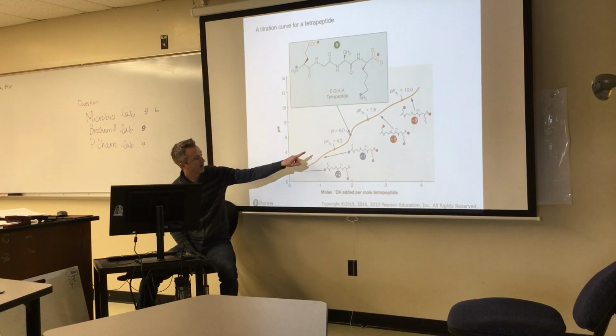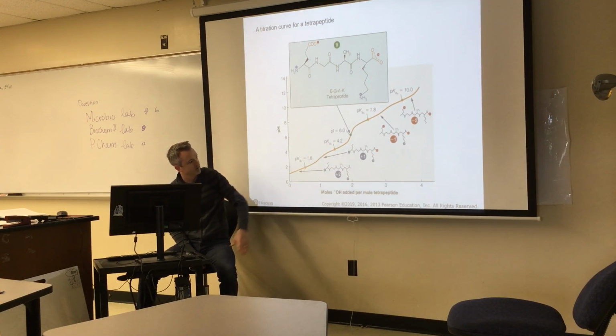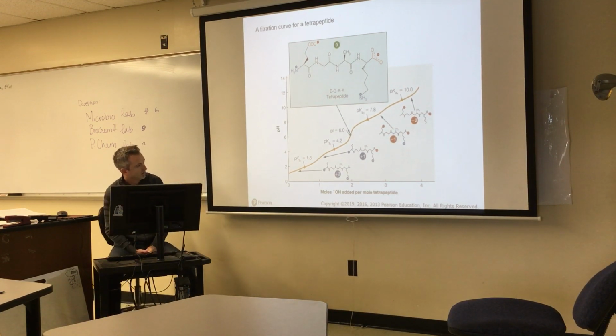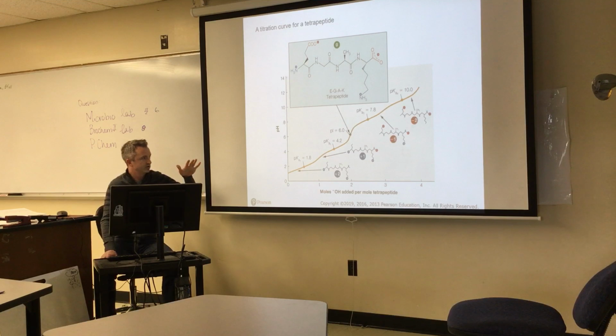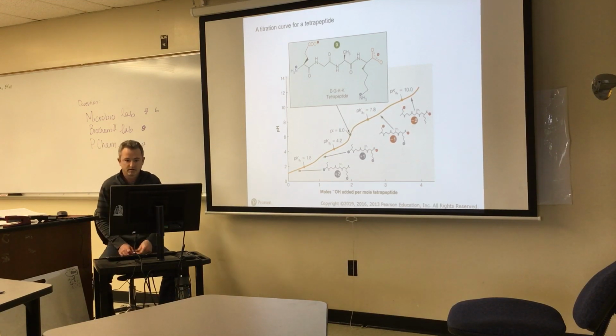As we make our way closer and closer to the isoelectric point, you can see that you end up with a +1 charge, and then we keep moving on up until we get to the -1 and the -2 charge. Again, being closer to physiological pH and being more neutral, clearly that's more ideal.